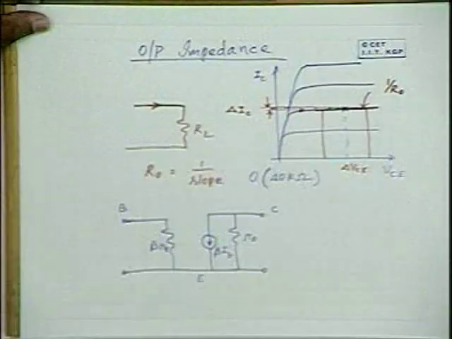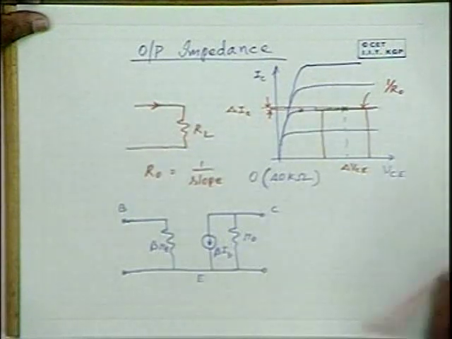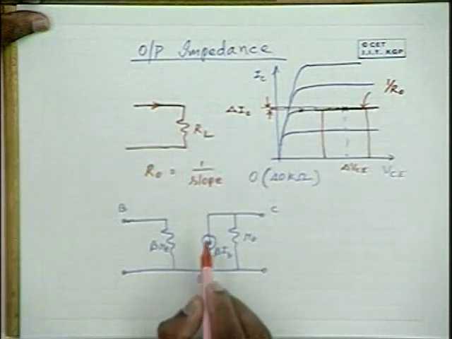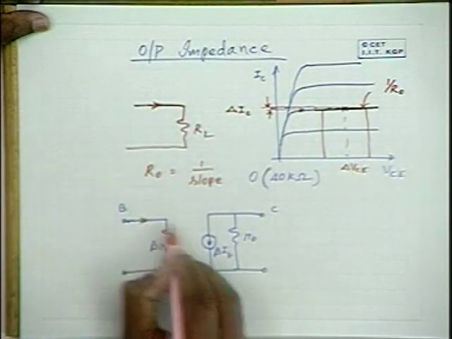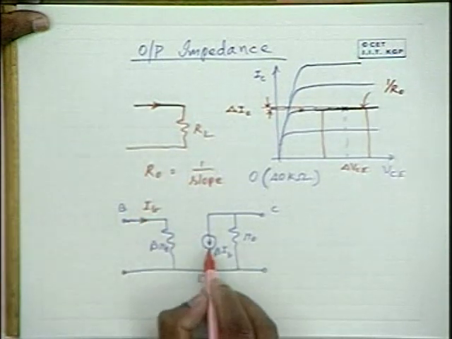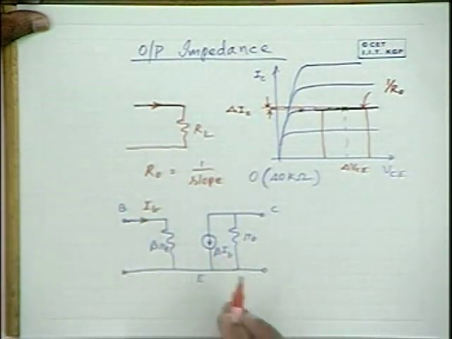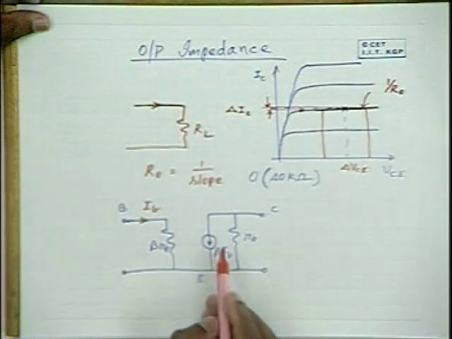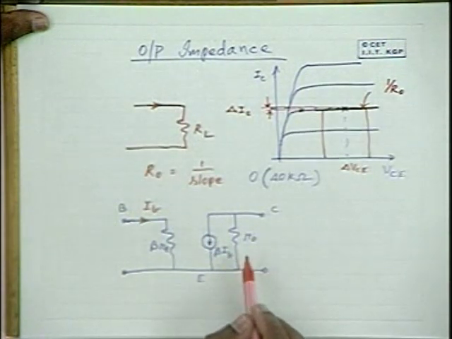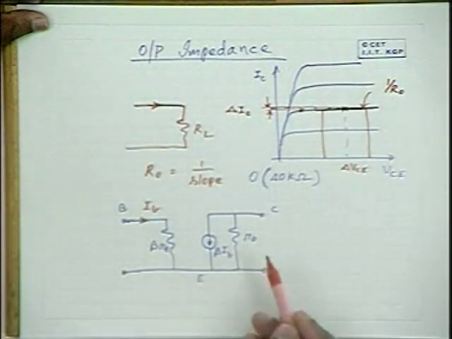Now I have to mention one more thing here. That is the current gain. The collector current is expressed in terms of the base current here as beta times Ib. In the previous model, we expressed it in terms of the emitter current as alpha times IE. So please note that these two are related.